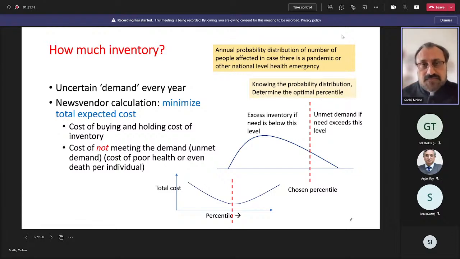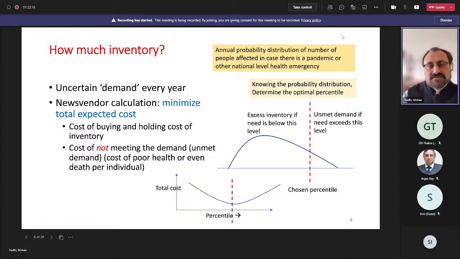Different countries have different costs of what is a human life. I know it sounds very crass to talk about life in terms of rupees and pounds, but you do need to make that calculation as to how much cost you're willing to absorb by not having. Of course, if you value human life at a very high cost, that just means that percentile or service level moves to a higher number, 95, 98, and so on.